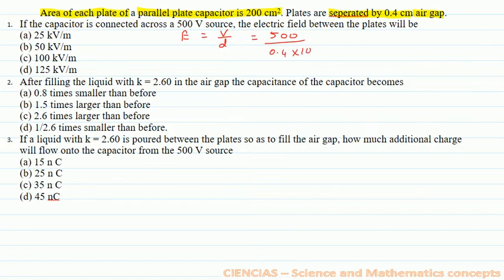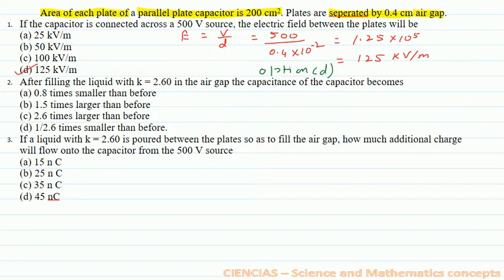To convert centimeter into meter and solve, we get 1.25 into 10 to the power 5, or 125 kilovolt per meter. In the options, option D is giving us 125 kilovolt per meter, so option D is the correct answer for this question.